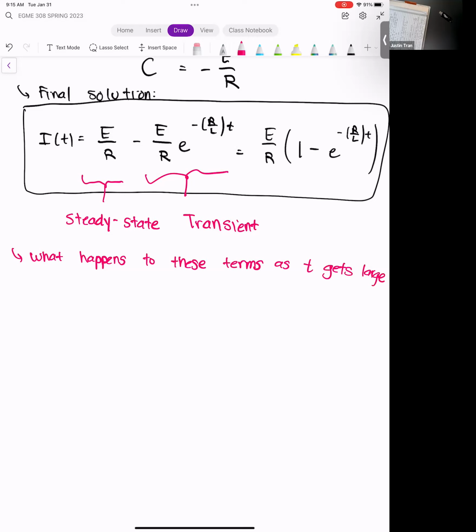If you really wanted to be strict about this, you can take the limit of this function as t goes to infinity. Let's actually look at the transient term first. That's the only one with t in its solution.